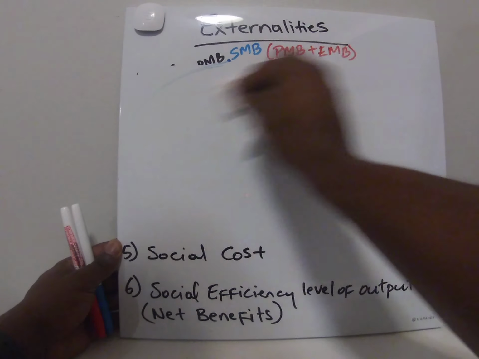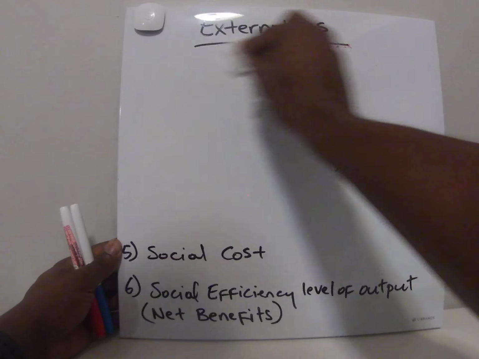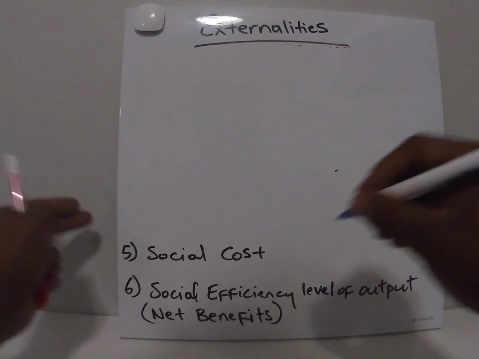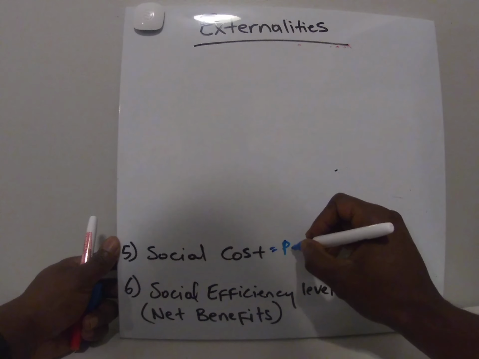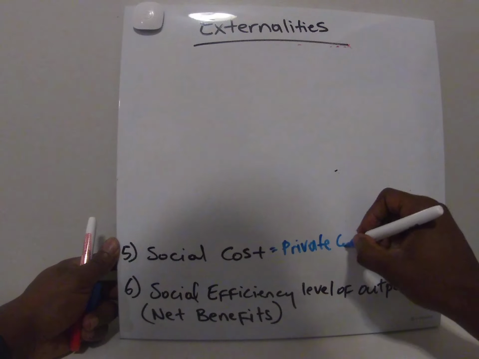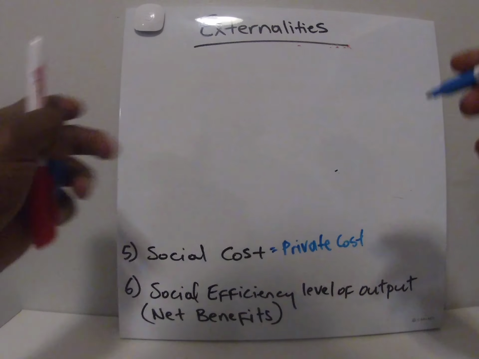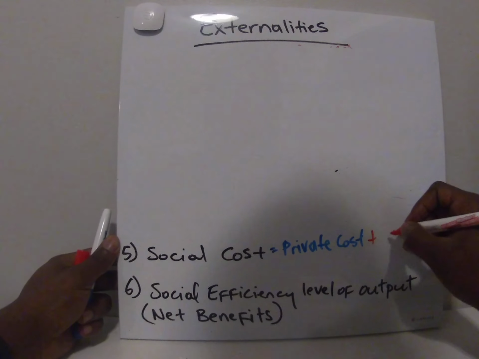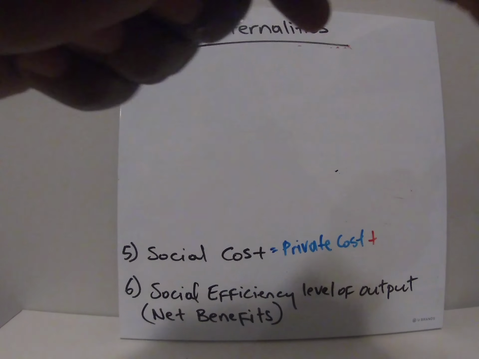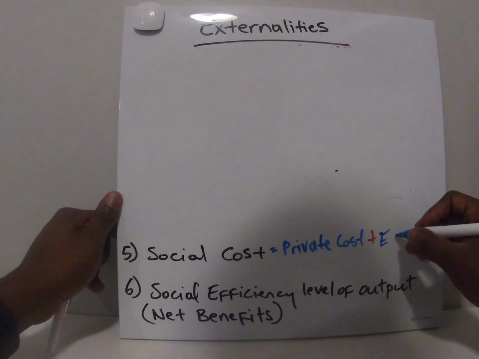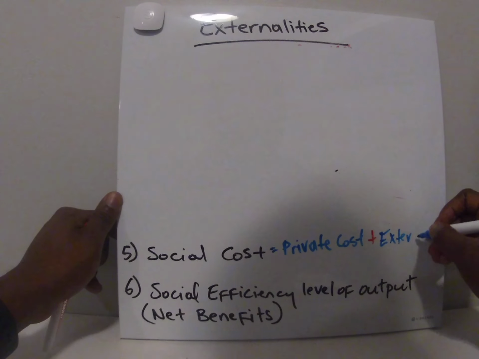On the other hand, we have our social costs, right? So social cost has to do with what? Private costs. So that's equal to private costs plus external costs.